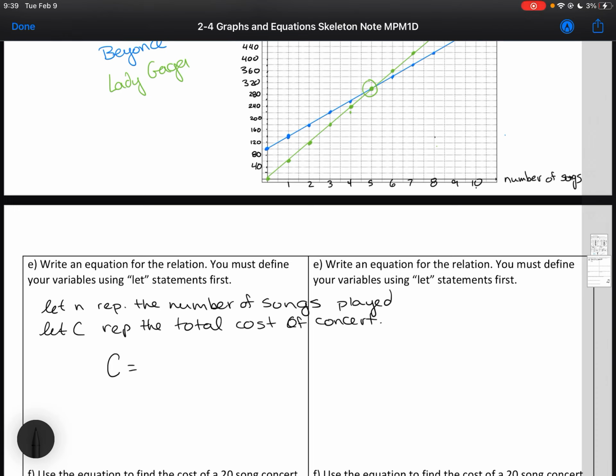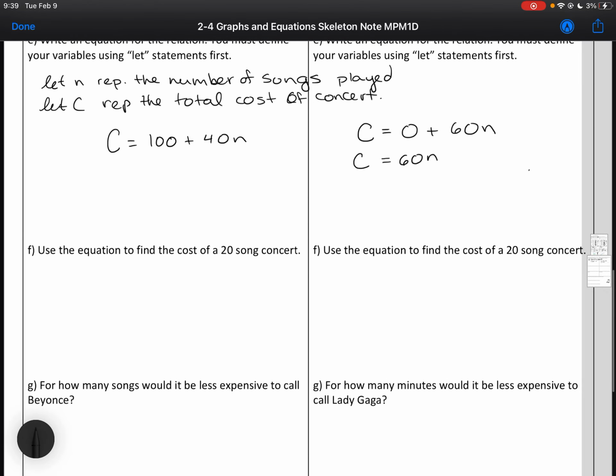So on the left-hand side is Beyonce. And so my total cost there is $100 plus $40 per song. Lady Gaga's equation looks almost the same, except my base fee is 0. So I've got $0 plus $60 a song, which we can just write like this.